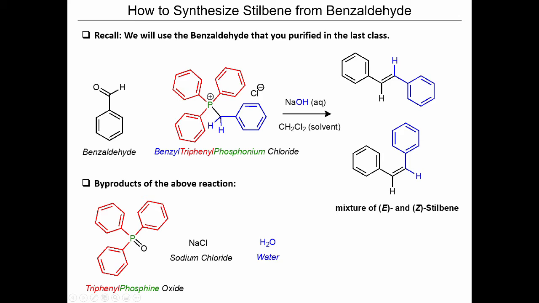We're going to react it with sodium hydroxide as well as dichloromethane, and our products will end up being a mixture of both the E and the Z conformations of Stilbene. So this will leave us with three byproducts: the triphenyl phosphonium oxide after we've removed this benzyl, sodium chloride, as well as water.